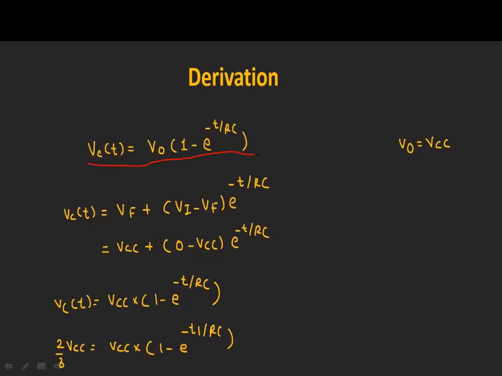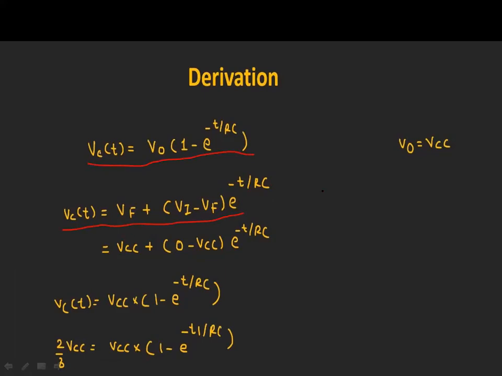Vc of t is equal to V naught into 1 minus e power minus t by RC. We know the formula; in the astable multivibrator we discussed that the voltage across the capacitor can be given by Vc of t is equal to V final plus (V initial minus V final) into e power minus t by RC.